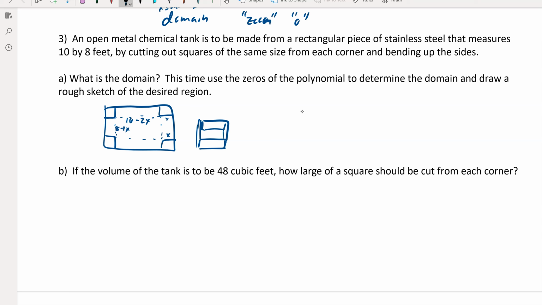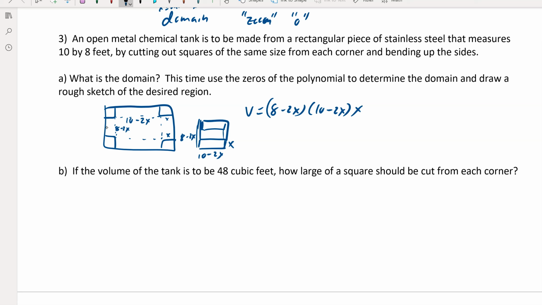So that's the inside. We get this box. And so as you fold these sides up, we get x for the side. And then removing that x and another x, you get 8 minus 2x. And, oh, I got them backwards. 10 minus 2x and 8 minus 2x, which gives us a volume of 8 minus 2x, 10 minus 2x, and x.